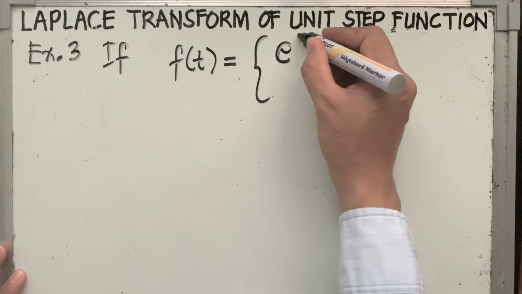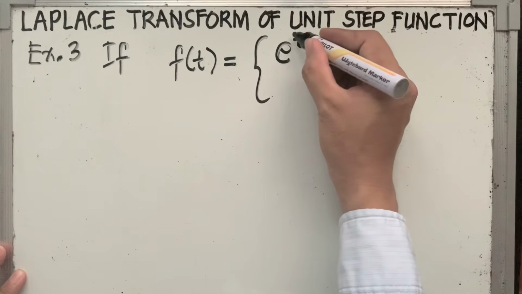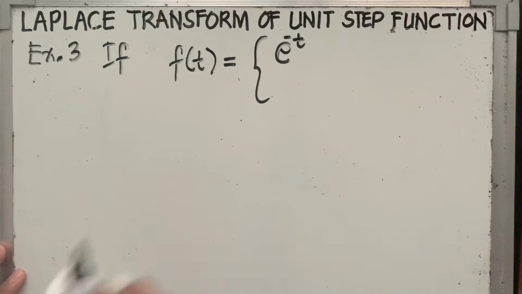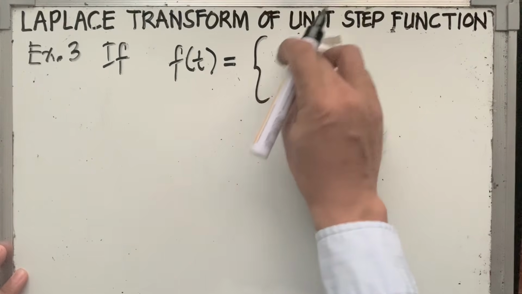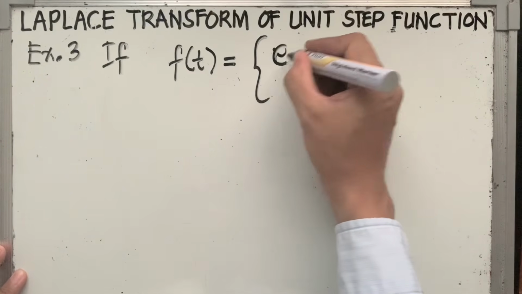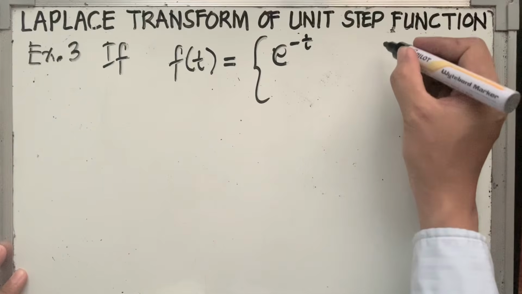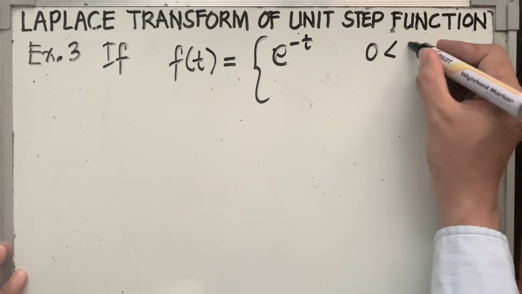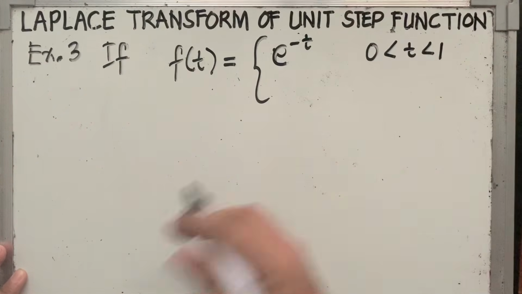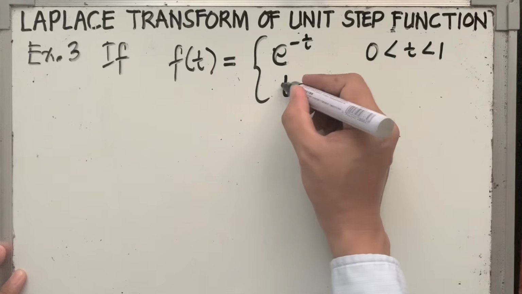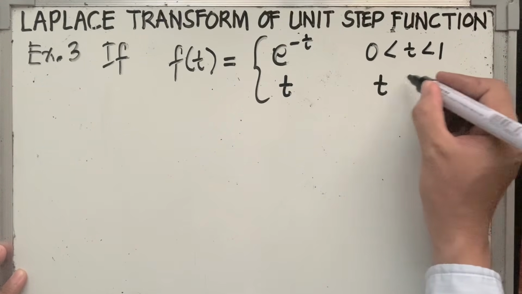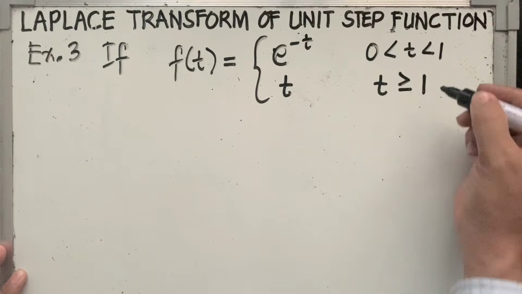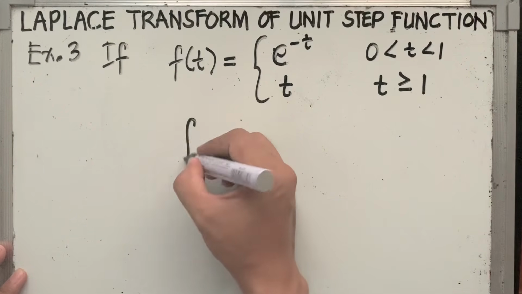If f of t is equal to e raised to negative t at t from 0 to 1. So, yun yung value ng function natin. And t naman siya at t greater than or equal to 1.